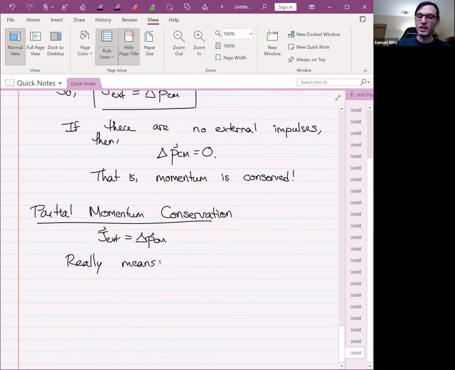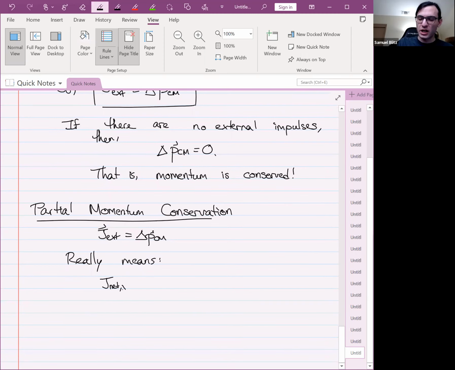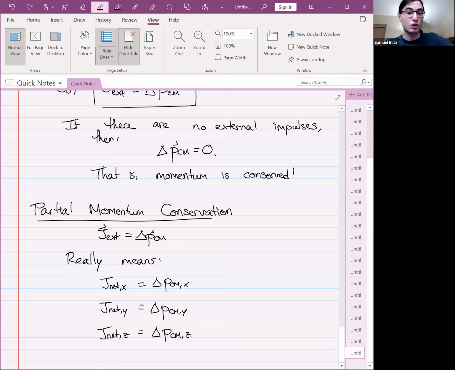It means that the x component of the external impulse is equal to the change in the x component of the momentum. The y component of the external impulse equals the change in the y component of the momentum. And the z component of the external impulse is equal to the change in the z component of the momentum, right? So this is actually 3 equations, which is super handy.